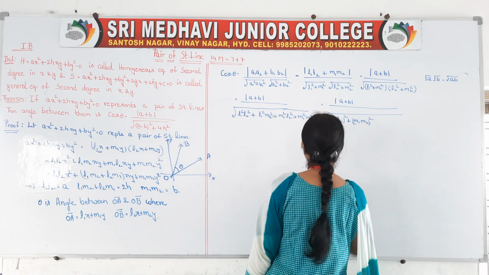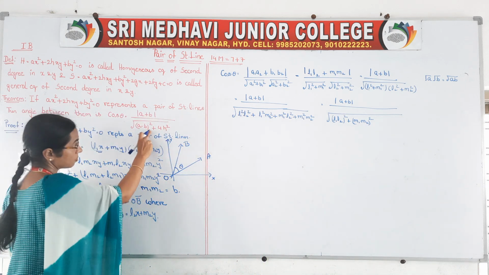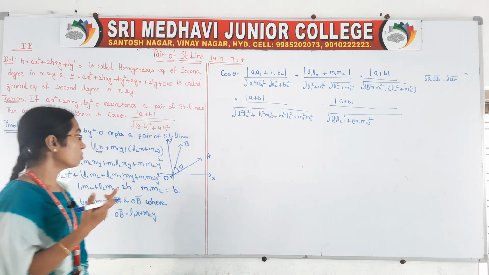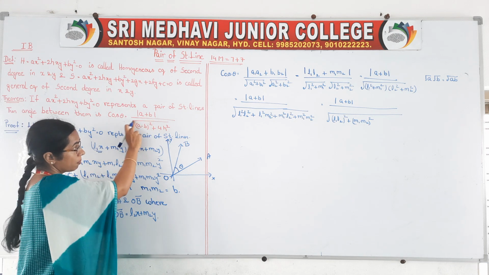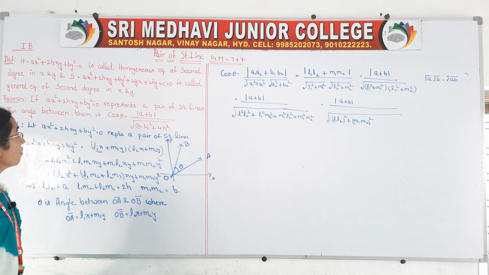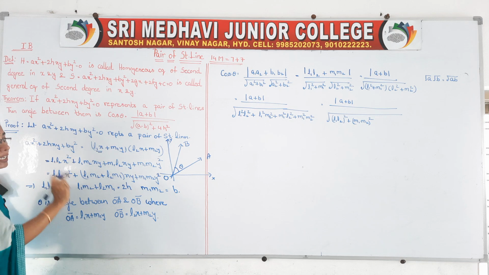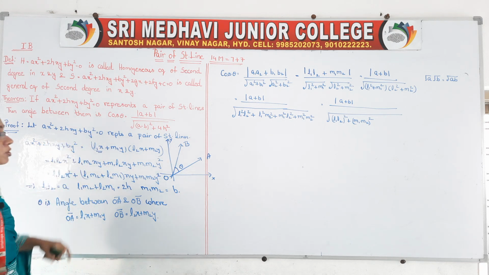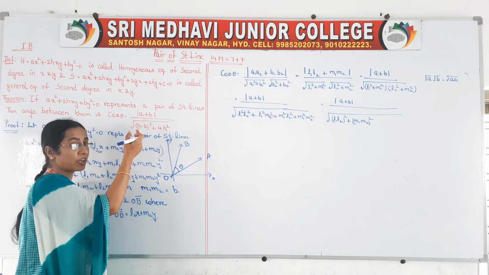Why we have to write like this, madam? To get at the end root of a minus b whole square plus 4h square. This is the theorem. So prove that the angle cos theta is equal to modulus of a plus b by root of a minus b whole square plus 4h square, where a is L1 L2 and b is M1 M2. So to get that a minus b whole square, meaning L1 L2 minus M1 M2 whole square, we want.